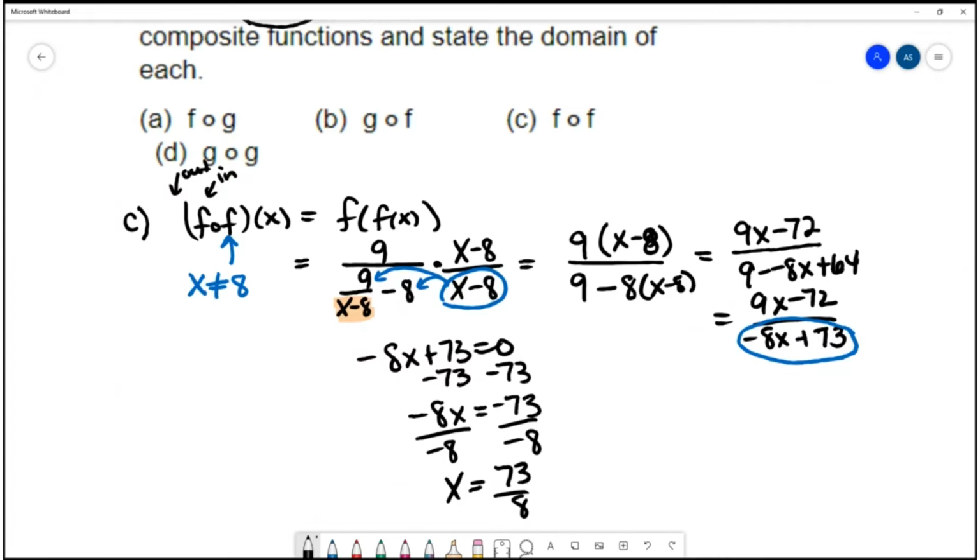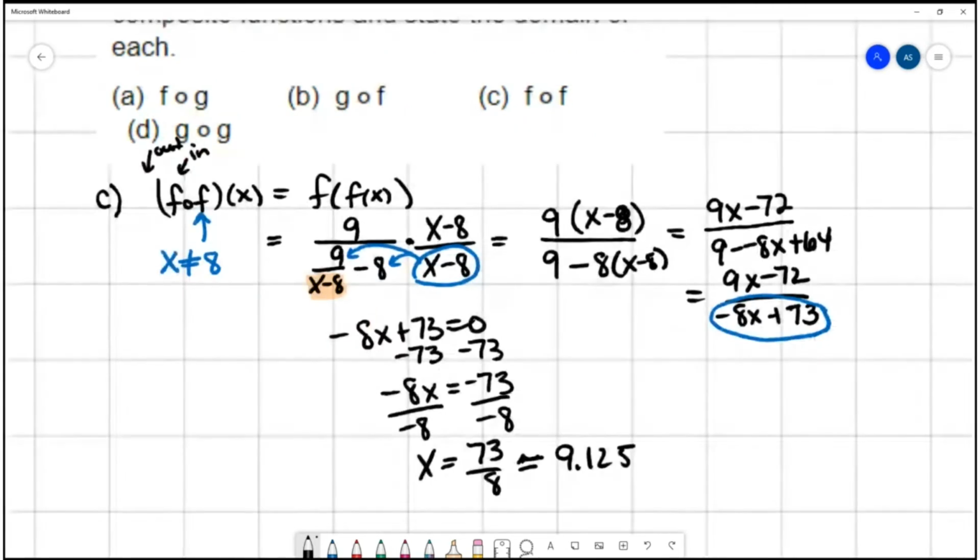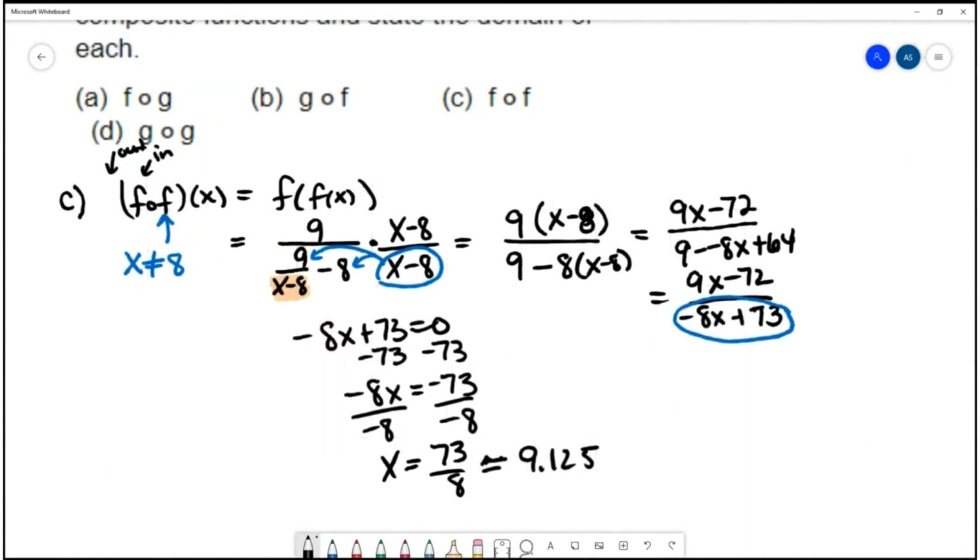So 73 over 8 is equal to 9.125. I wanted to figure that out because I wanted to know if 73 over 8 was less than or greater than 8. And I need that for my interval notation.